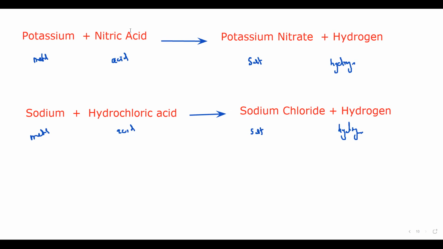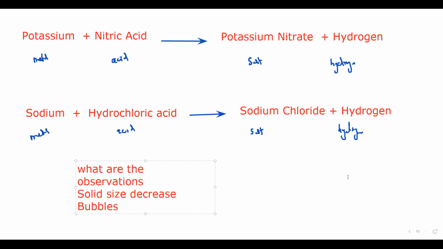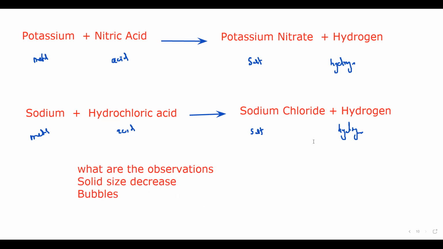And what are the observations? When any kind of metal reacts with acid, if there is a reaction, we'll see the solid size decrease, that is the metal, and we'll see bubbles. In observation, you don't say bubbles of hydrogen; you just mention what you see.